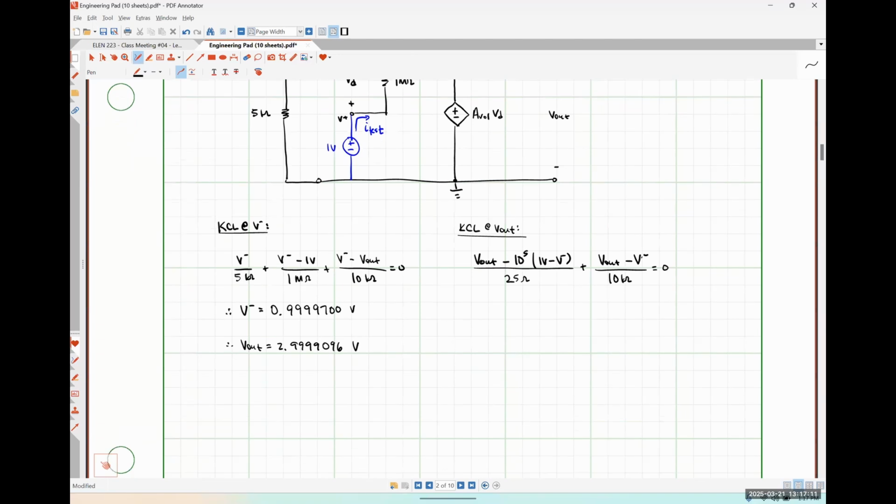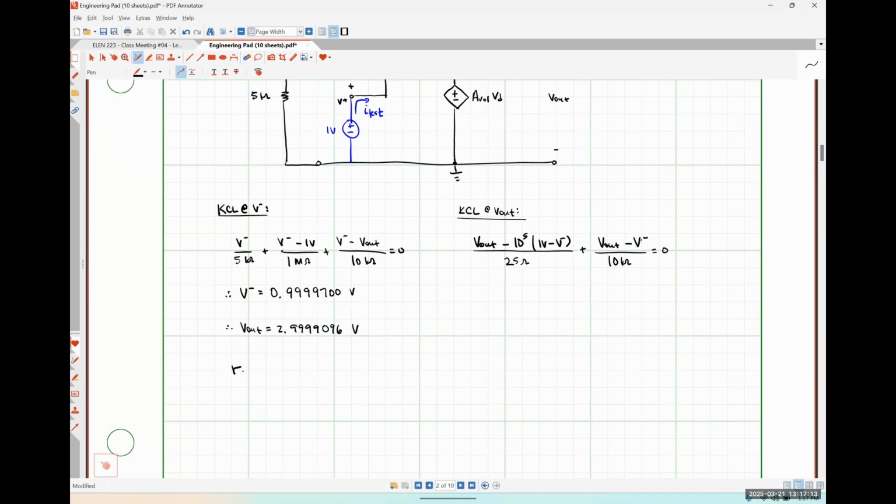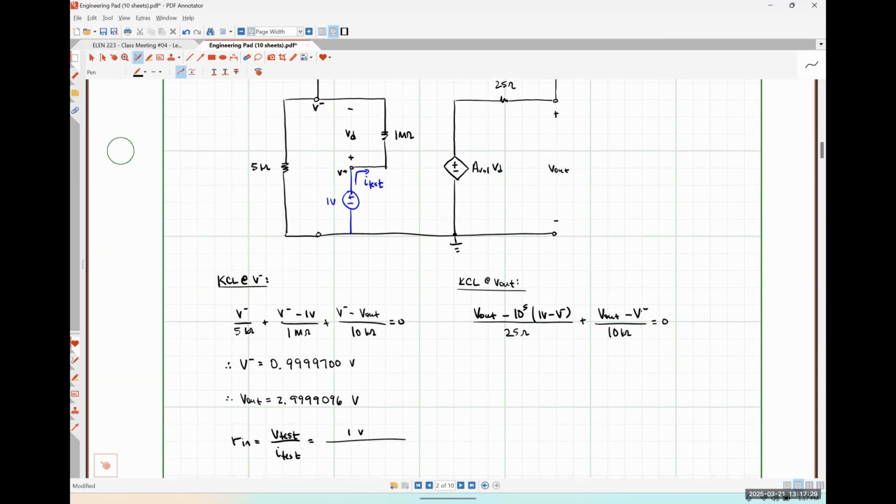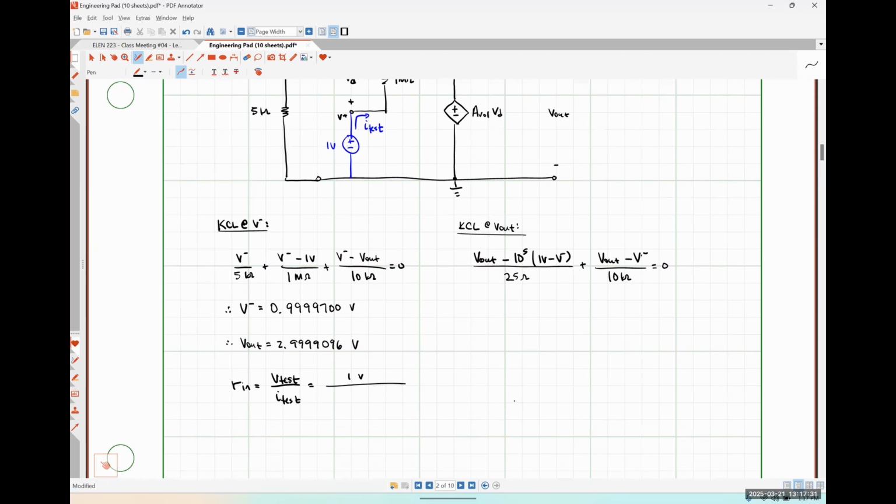So the input resistance that I'm looking for, lowercase rn, is just the ratio of our test voltage to our test current. Well, our test voltage is just 1 volt. Our test current is going to be 1 volt minus what we got for V minus over 1 mega ohm.